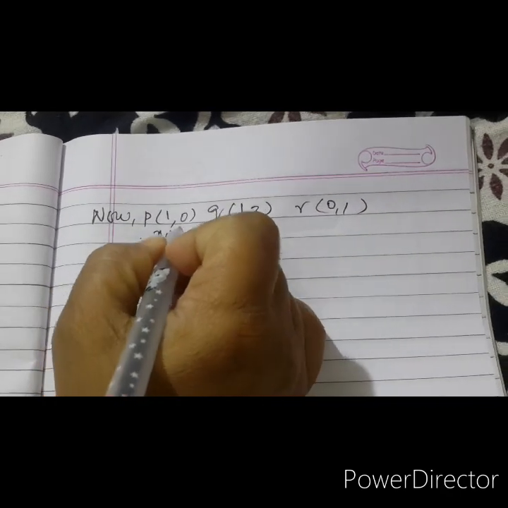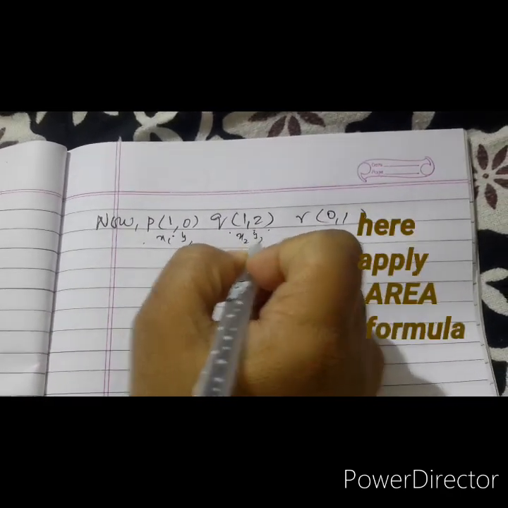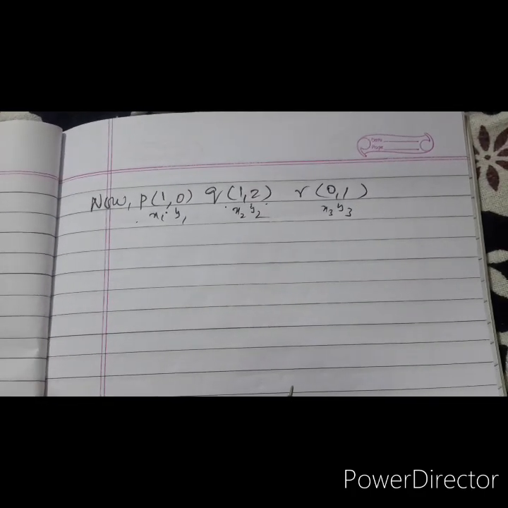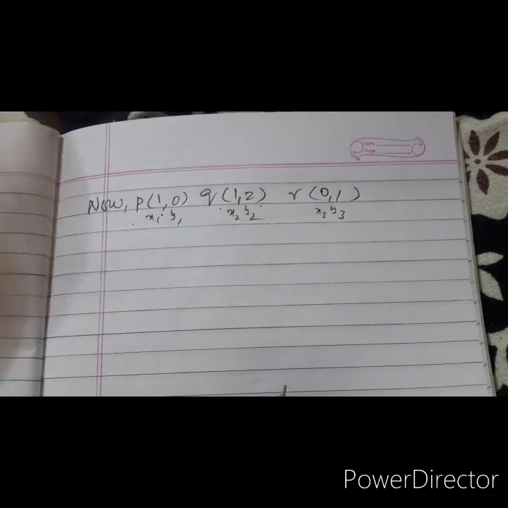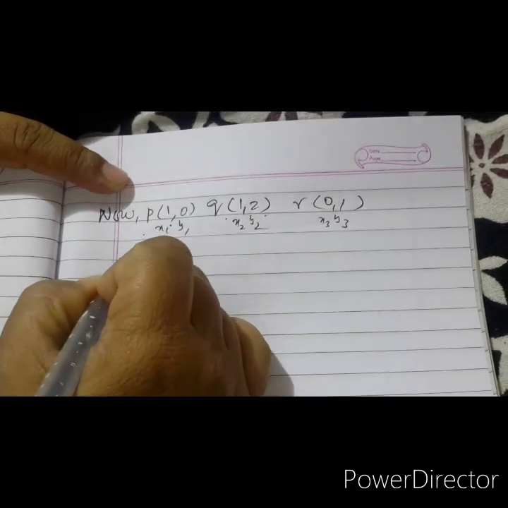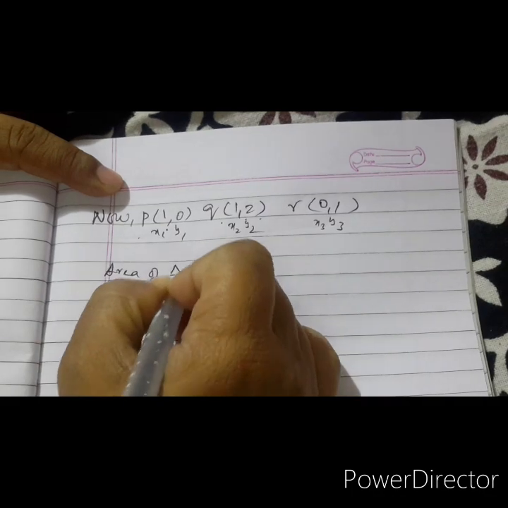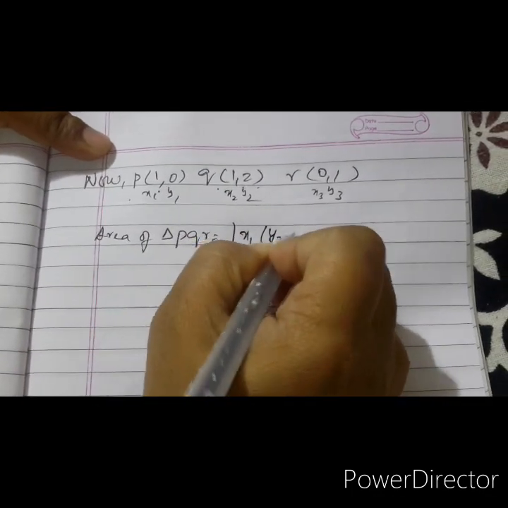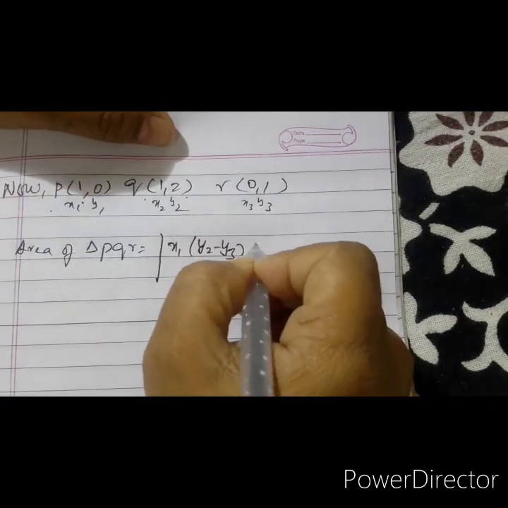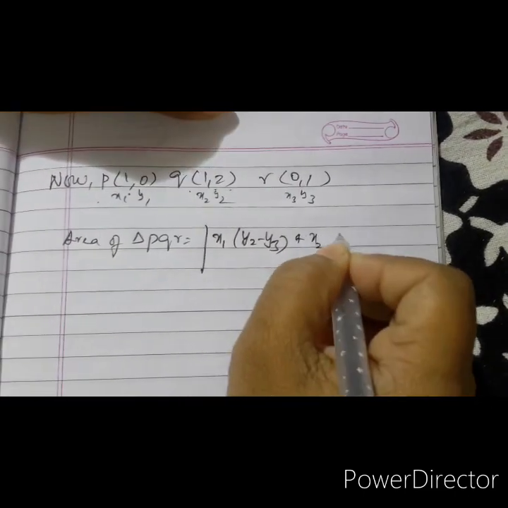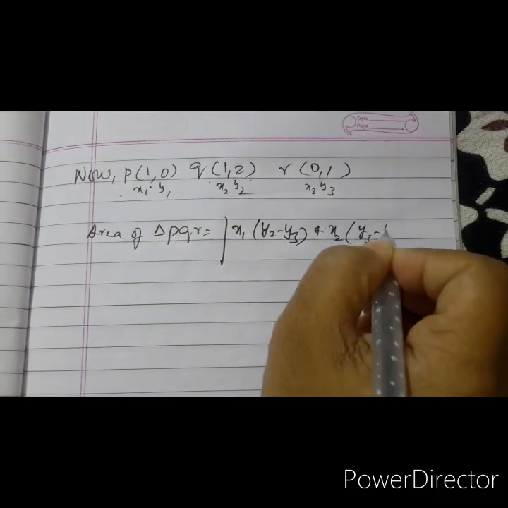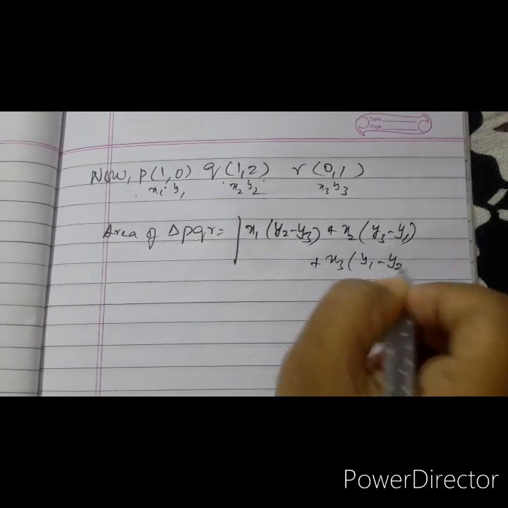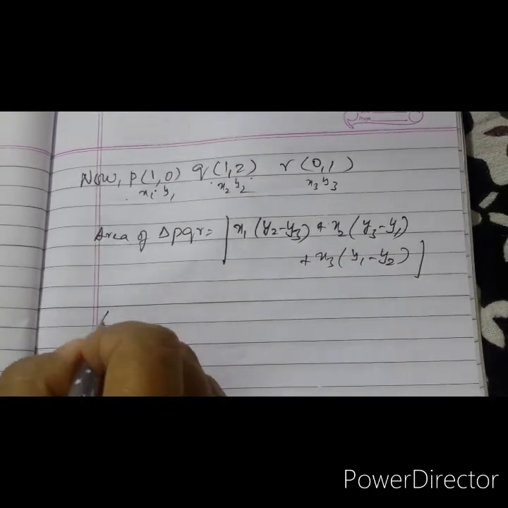Now we have to apply the area formula. In this problem we are getting the area of the triangle with the help of the area formula and the midpoint formula. Two formulas we are using here. Now find the area of triangle PQR. The formula is half of x1 into y2 minus y3 plus x2 into y3 minus y1 plus x3 into y1 minus y2 square units.